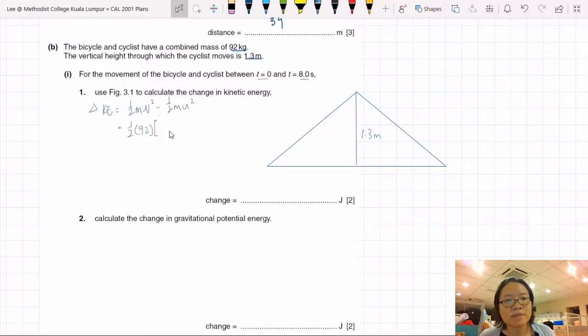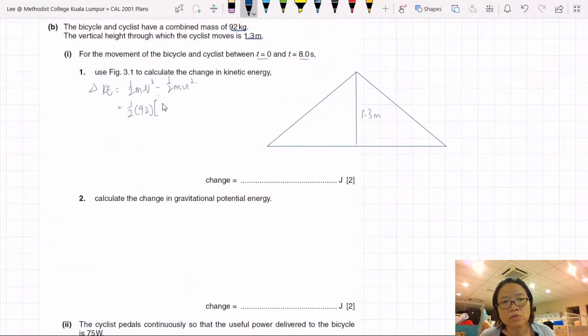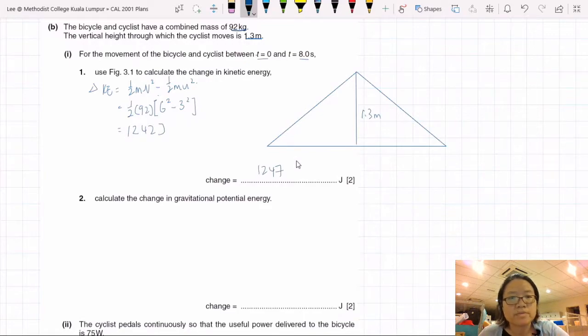So half, mass is 92, v squared is 6 squared minus 3 squared. So you get 1247. And to find the change in gravitational potential energy, you already know it moves up a vertical height of 1.3.